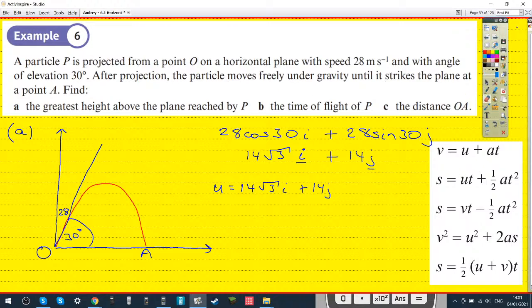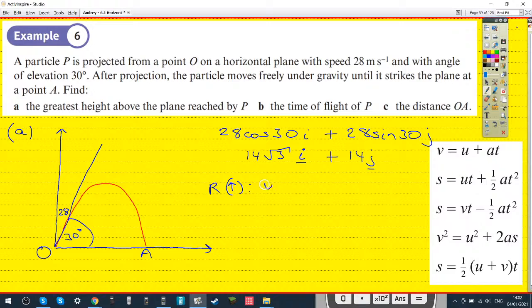So let's say vertical. Vertical, so U is 0. U is definitely not 0. What's the vertical component of the force? 28. Yep. No, 28 sine 30. Um, 14. Yep.